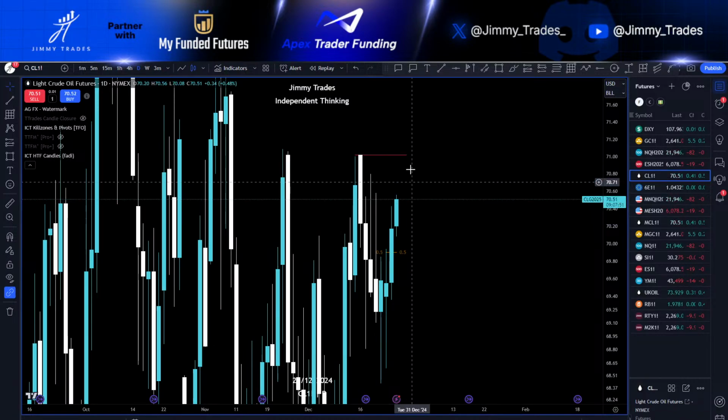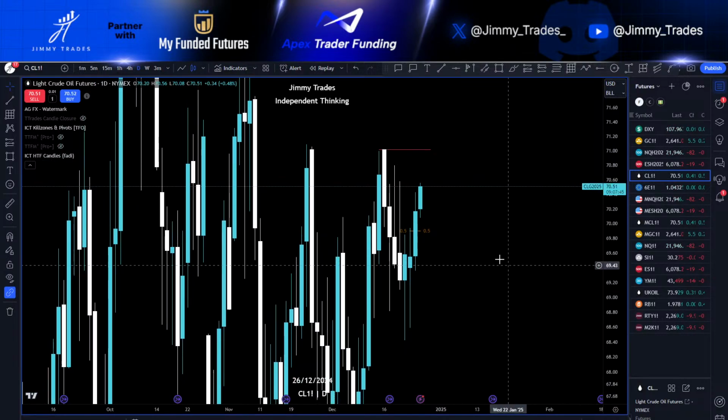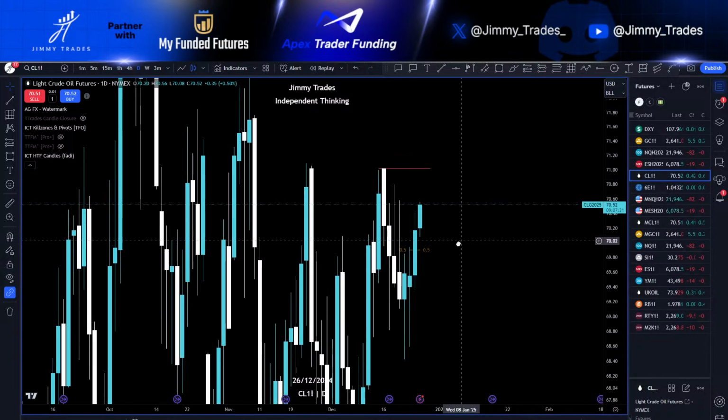So price potentially drawing up to this level. And with a close on Tuesday above Monday, we've got equal sellers and buyers wicks.